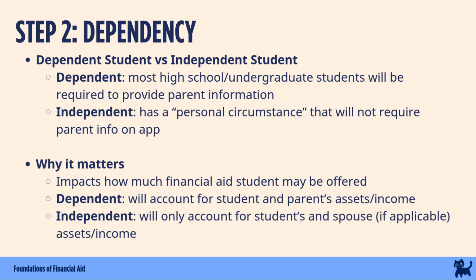If they are dependent, the application is going to take into account both the student and the parent's income and assets. If the student is independent, the application will only account for the student's information, assets and income, and the student's spouse if they're married.